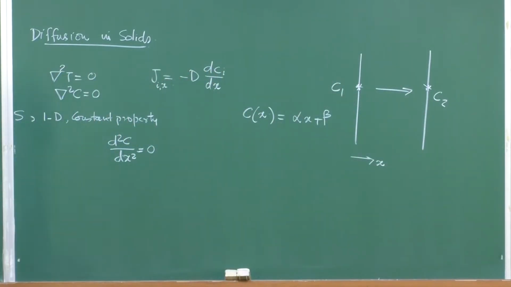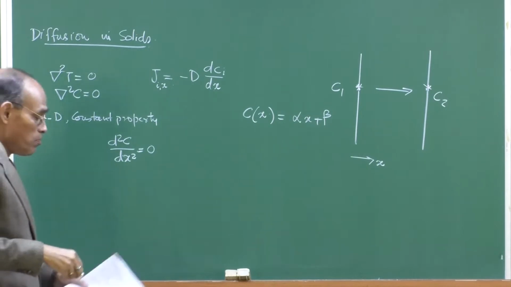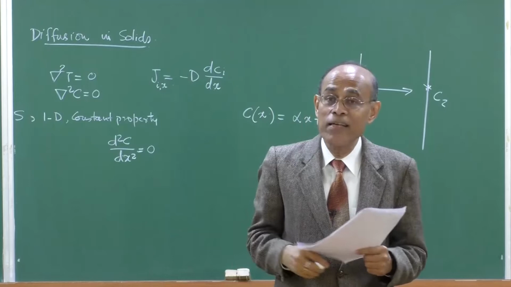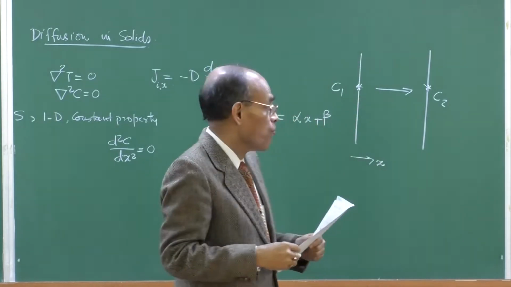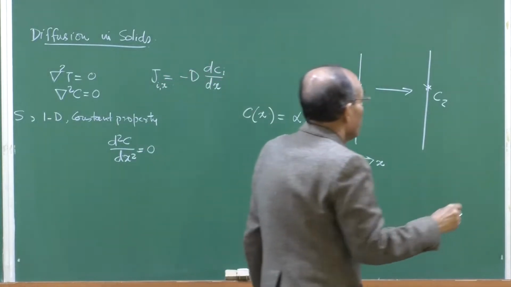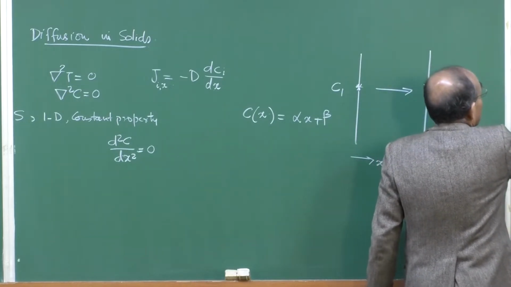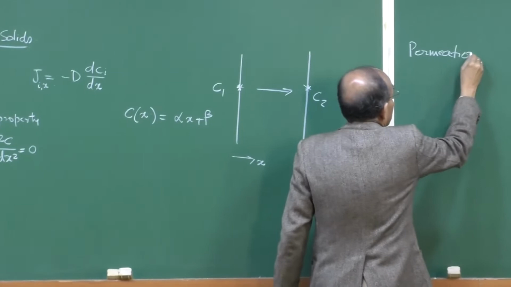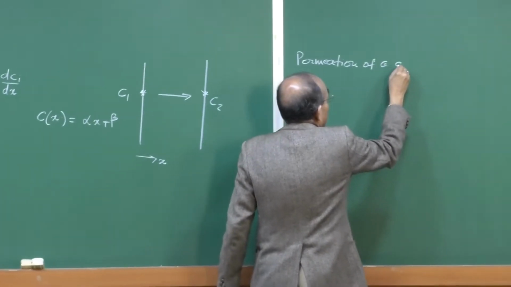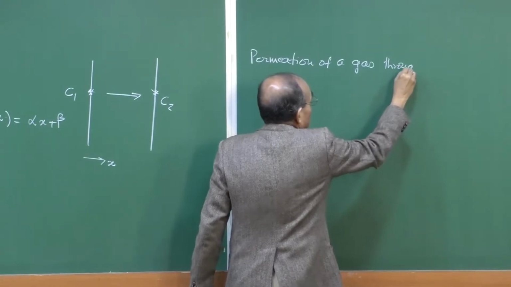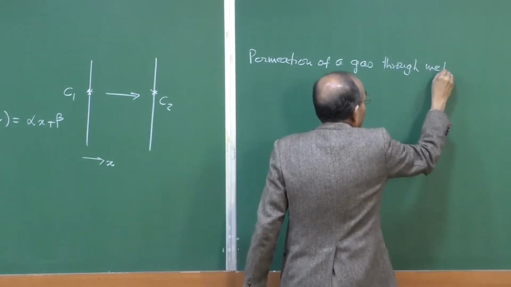So, with these words, let me quickly pose a problem, and this is a typical class of problem which you will encounter in the context of steady state diffusion, which is called permeation of a gas through metal.